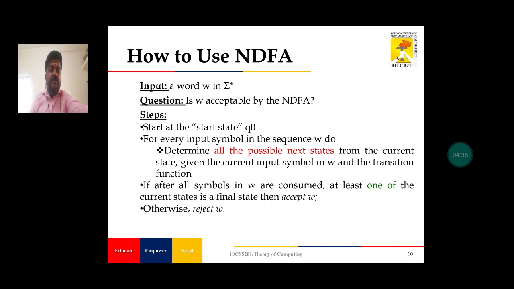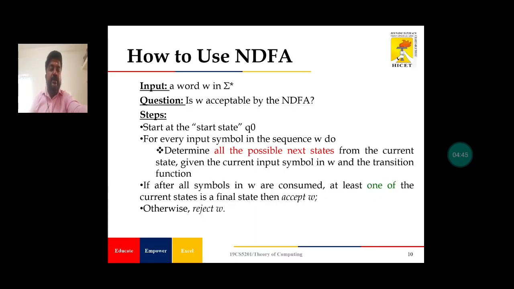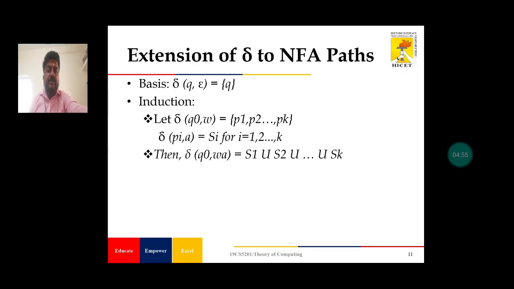That is the only possibility. In NFA, from Q0, A can travel to more than one state, Q0 to Q1, Q0 to Q2, like that it can travel. That is the main difference between NFA and DFA. If after all symbols in W are consumed, at least one of the current states is a final state, then accept, otherwise reject.